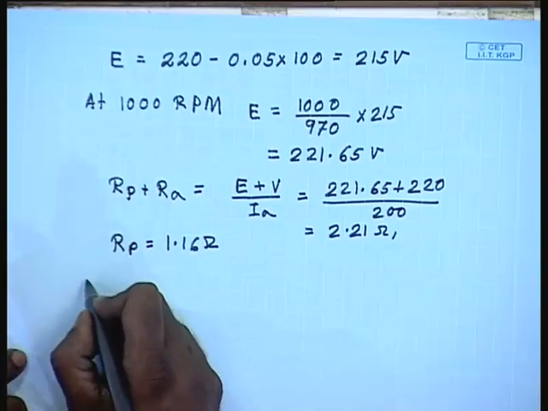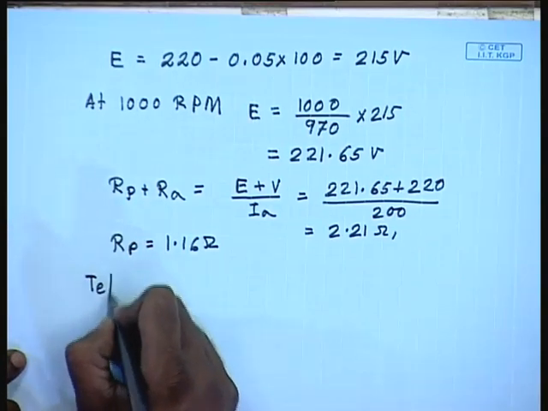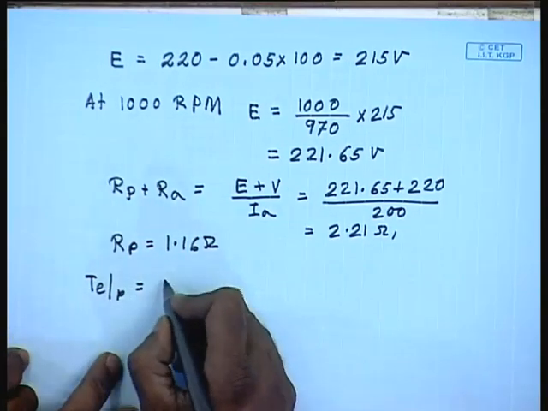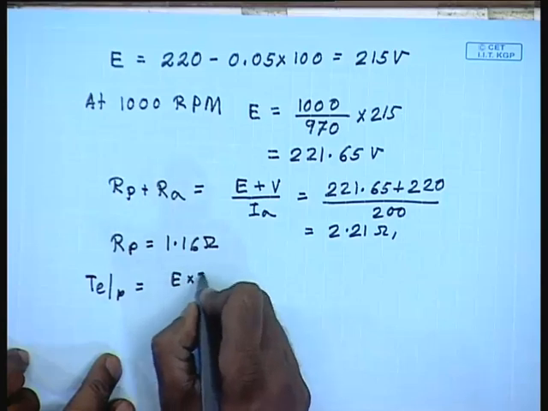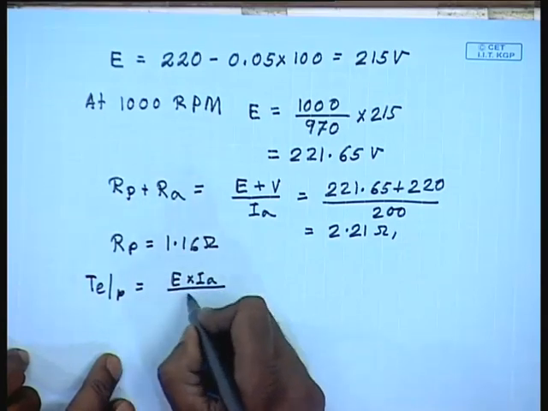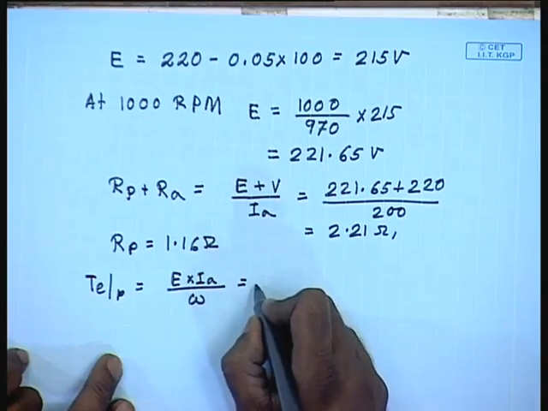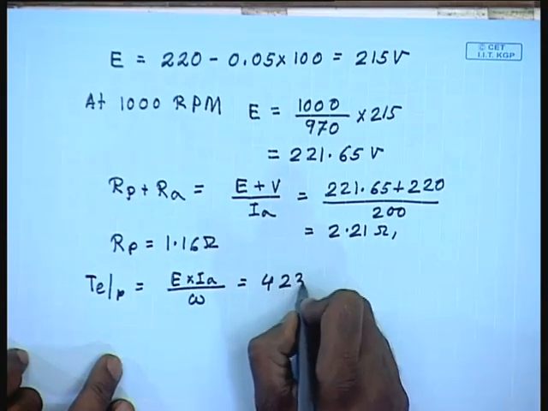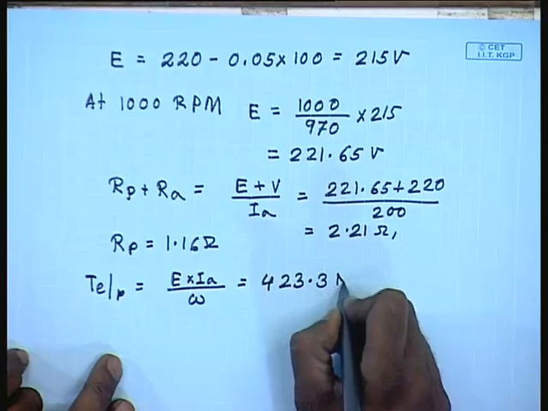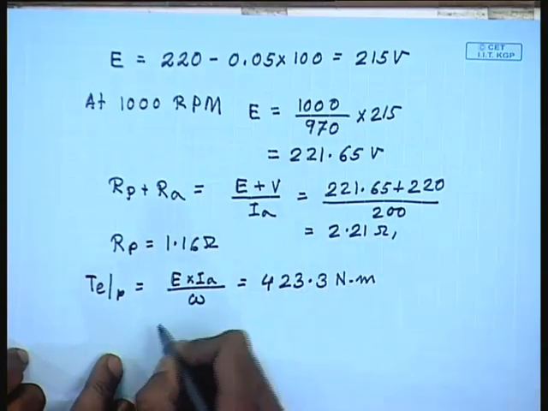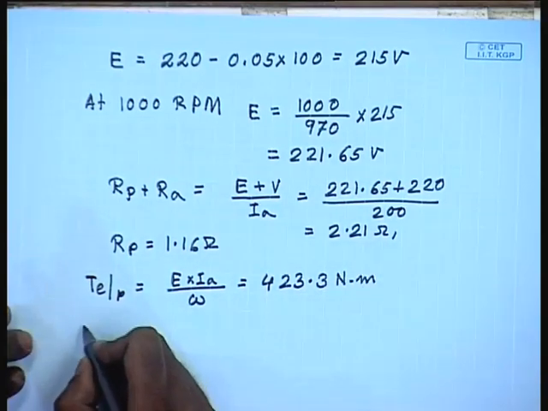The braking torque T E plugging equal to E into I A by omega, this comes to 423.3 Newton meter. So, very large torque. At 0 speed, E equal to 0.